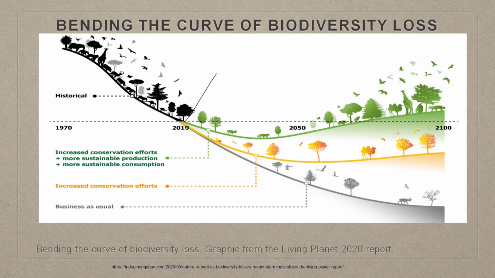As you could see, the numbers are reducing. The biodiversity of trees, animals, and birds is decreasing. In the next 25 to 100 years, we have to bend this curve back like this. This is what they call bending the curve of biodiversity loss.